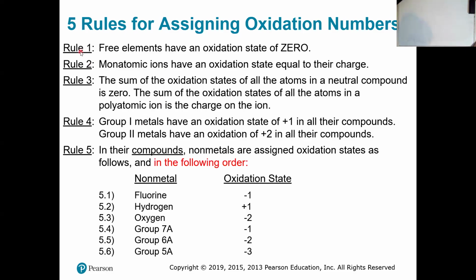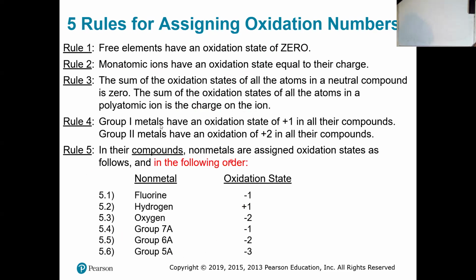The first rule, the most important rule that we're going to have to recognize, is that any element that's by itself, not part of a compound, and neutral, is going to have an oxidation state of 0. And any ion that's by itself, like Na plus all by itself or Cl minus all by itself, has an oxidation state equal to whatever the charge on that ion is. Those two are pretty important when you're looking at oxidation states.